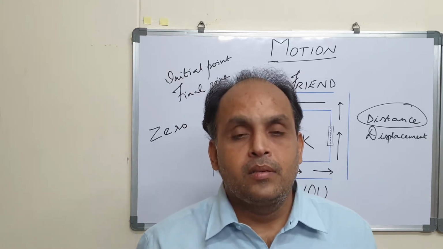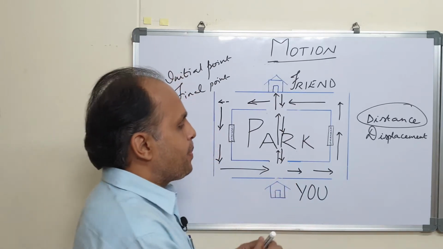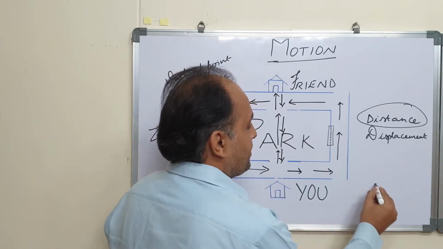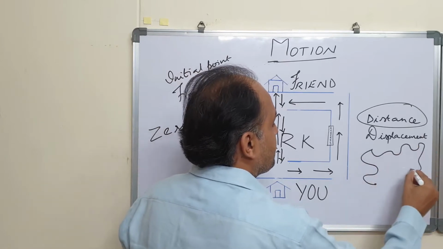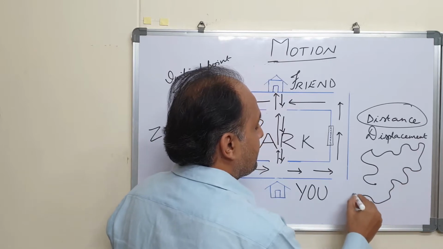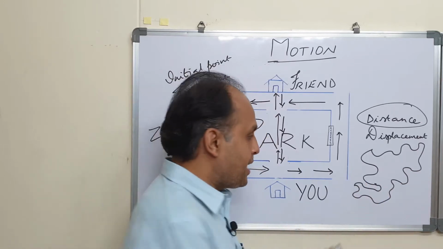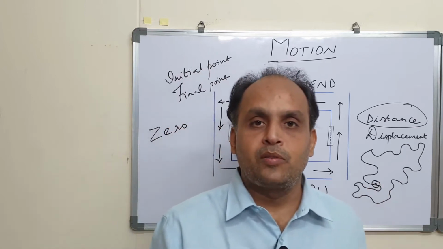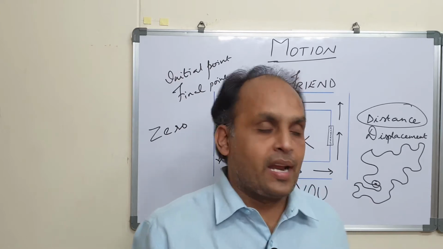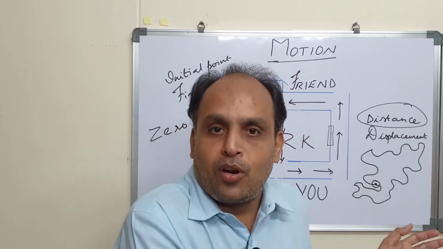Alright? So, if we take any case, it can be any path. Suppose a body has started over here, then it has gone in this path, some path like that, and finally it is coming back to the same point where it started, then the displacement would be 0. Whereas the distance would be the length of this weird diagram that I have drawn over here.